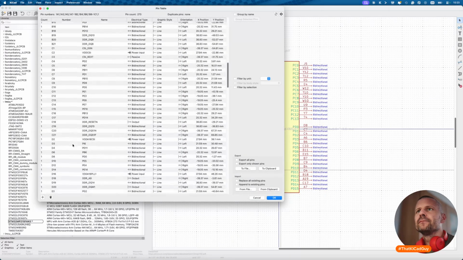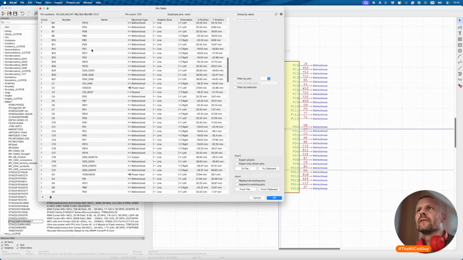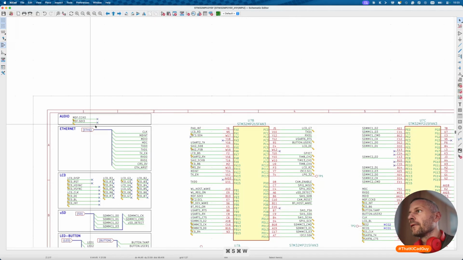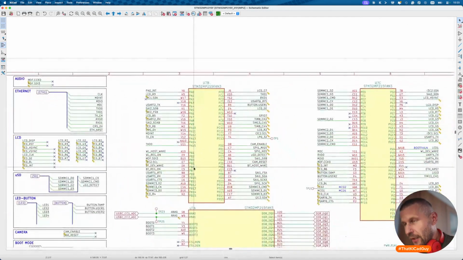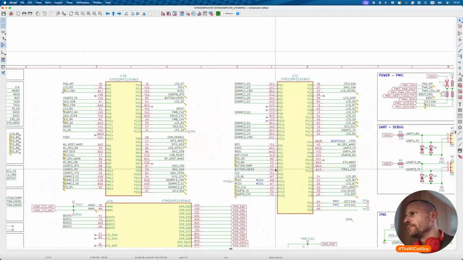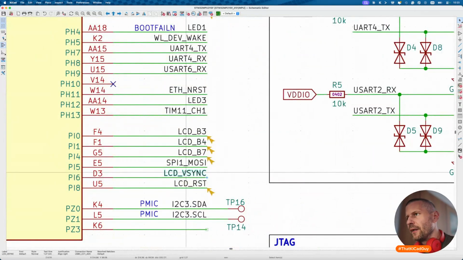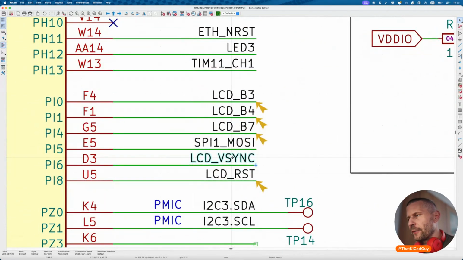B11, PD6, and C10, PD5. Okay. So PI6 here, LCD sync. So let's verify the method I used before.